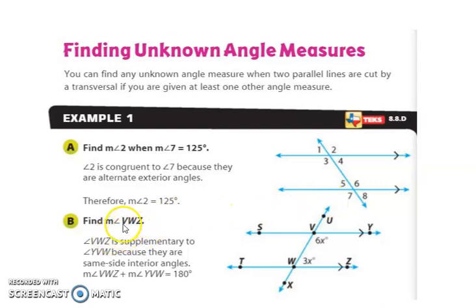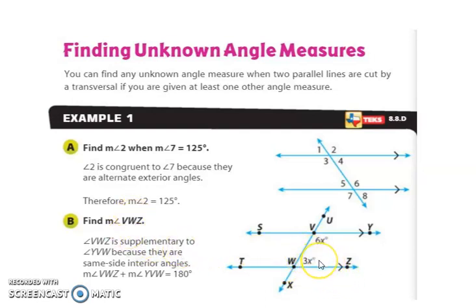Find the measurement of VWZ. So remember, when you're naming an angle, the middle letter is the vertex, okay? So VWZ. We're looking at this angle. W, again, is the vertex.